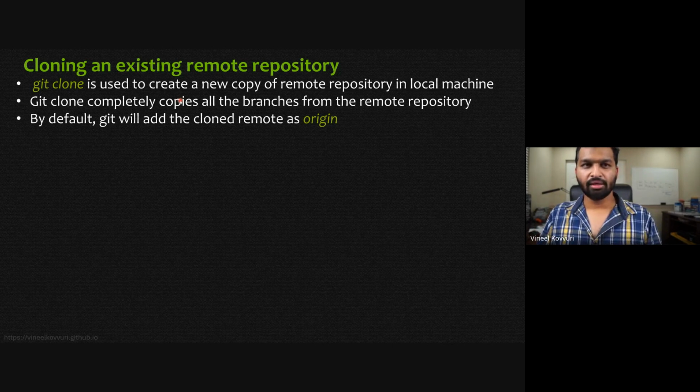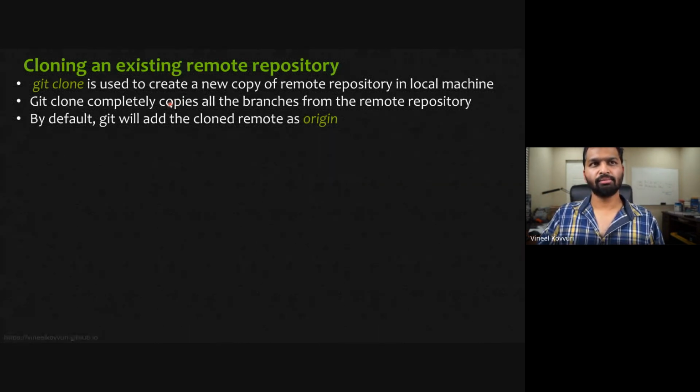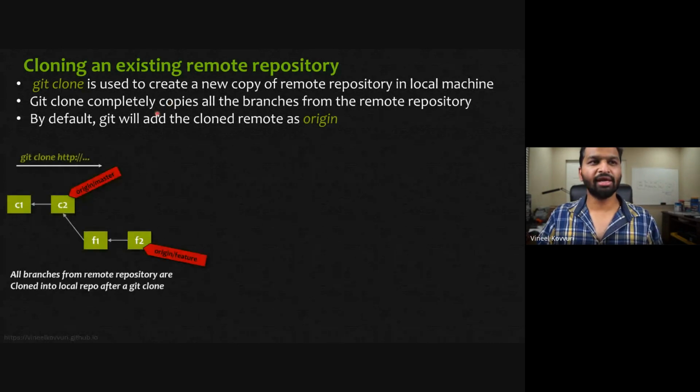Most of the time git clone is a one-time command because you download your project once, and then you don't have to run this command every time. Just use it once and it will get the source code.